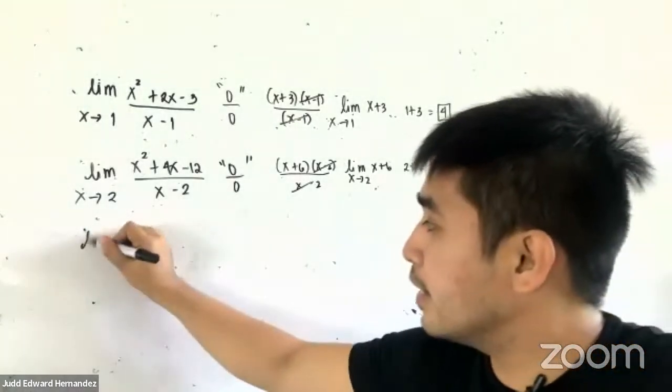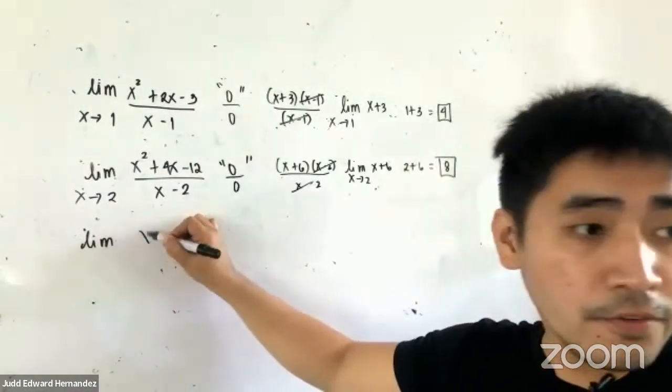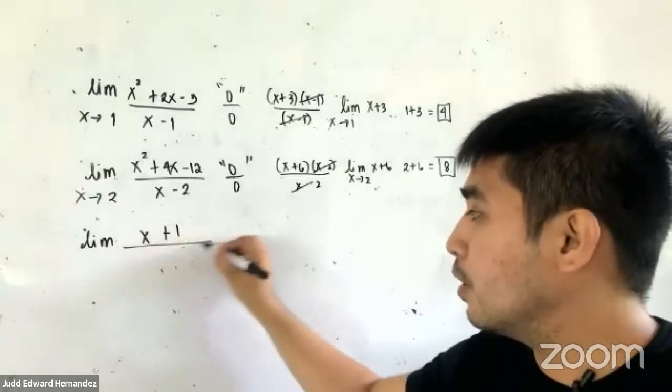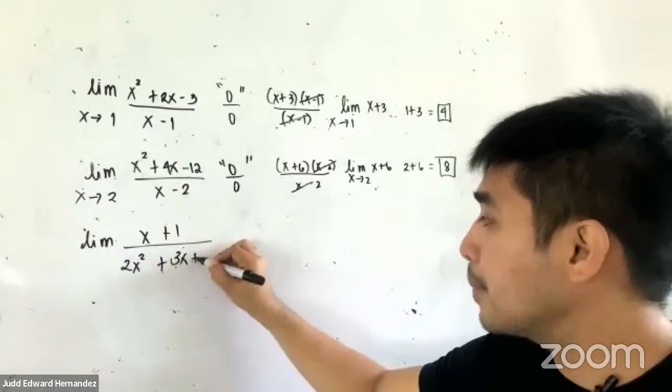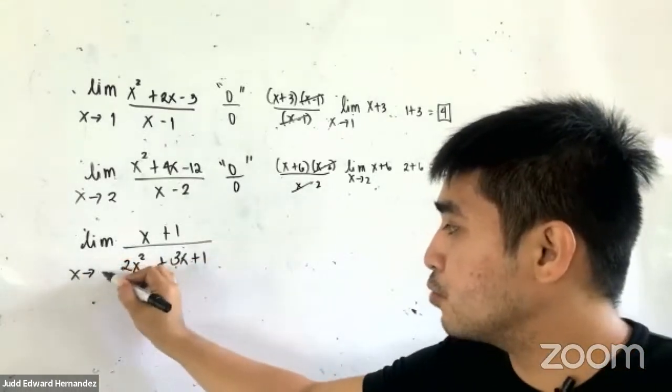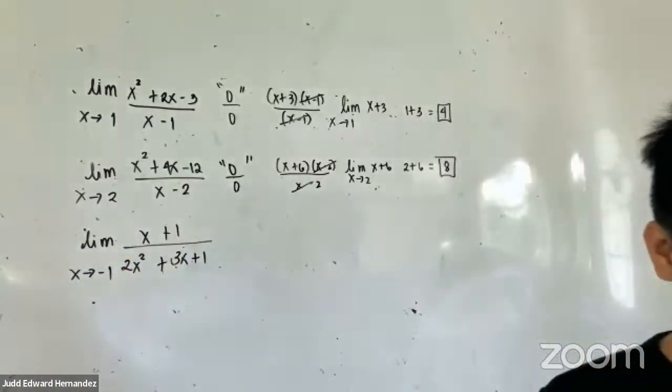What if we're given the limit of x plus 1 all over 2x squared plus 3x plus 1 as x approaches -1.